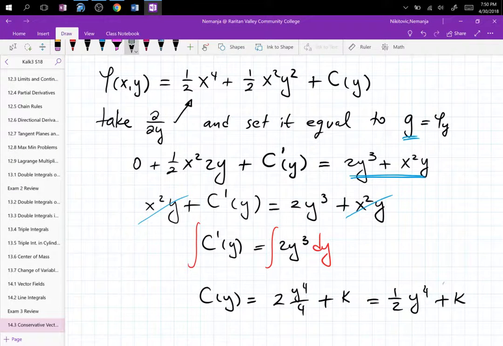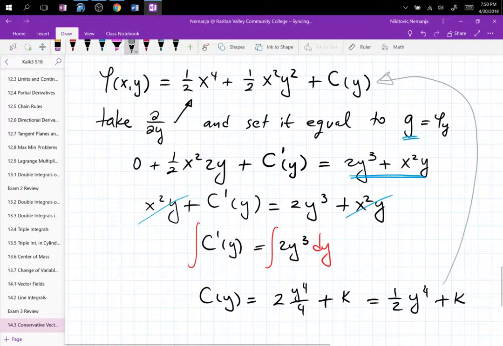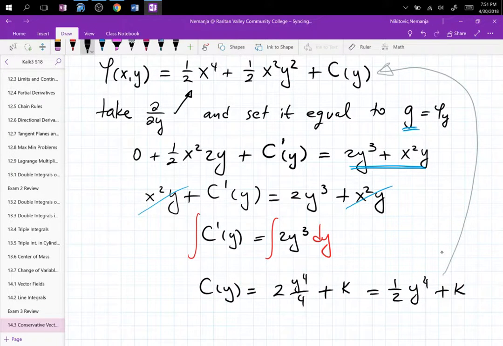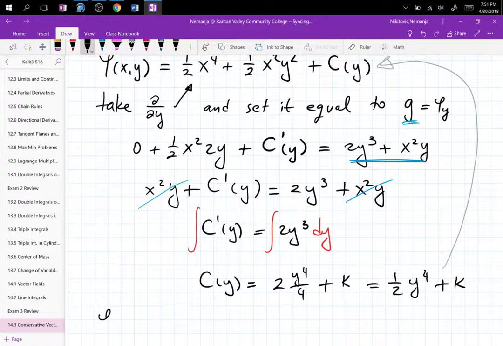Bring that back to the function. Remember that the part up there, after the first integration, was already a solution. All the extra we did was just to find that c of y part. So now that I have it, I can just copy the function.